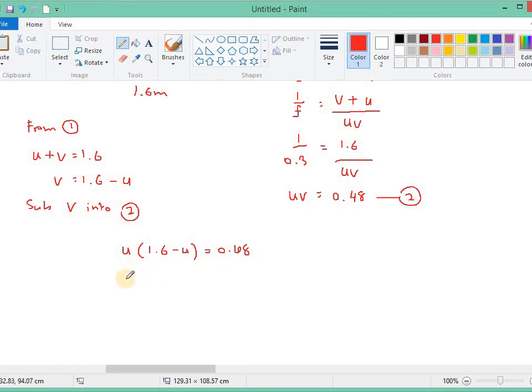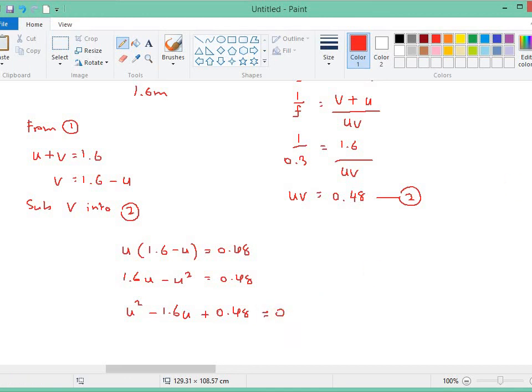So we get 1.6u minus u squared equals 0.48. So we get the equation u squared minus 1.6u plus 0.48 equals 0.